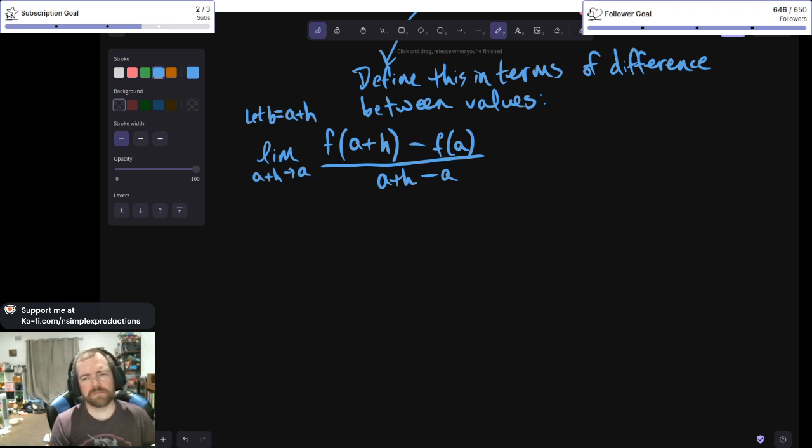Well, we can clean this up a little bit. So here we notice that A plus H minus A is just going to be H. And at the bottom here, A plus H going to A is equivalent to saying that H is becoming closer and closer to 0.